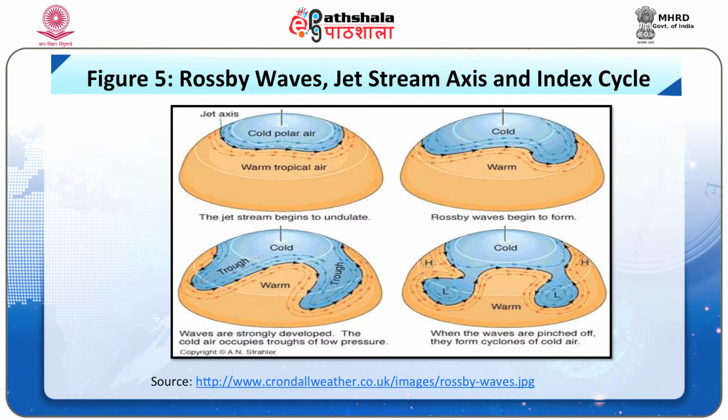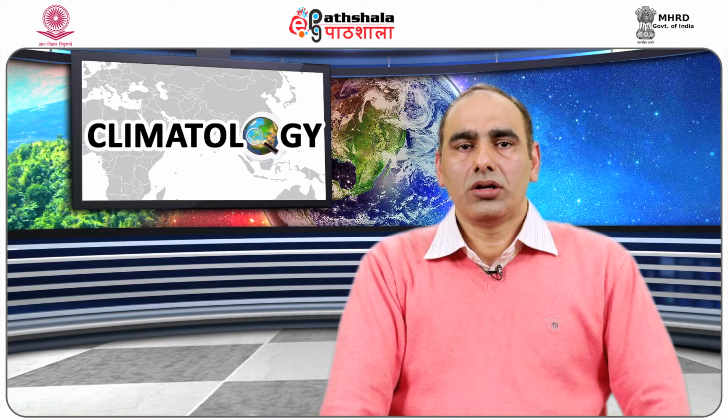And large-scale latitudinal heat exchanges occur due to the movement of cold air masses towards equator and warm air masses towards poles. The cold air makes inroads into lower latitudes in deep embayments which emerge as troughs of low pressure at high levels. Two such troughs of low pressure are clearly visible in the third diagram of figure 5.